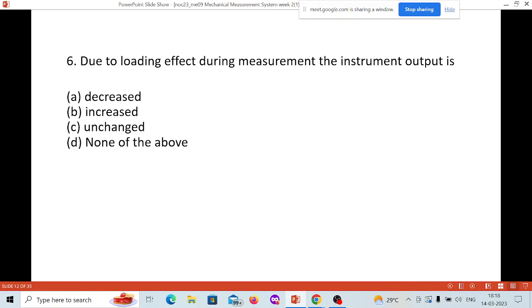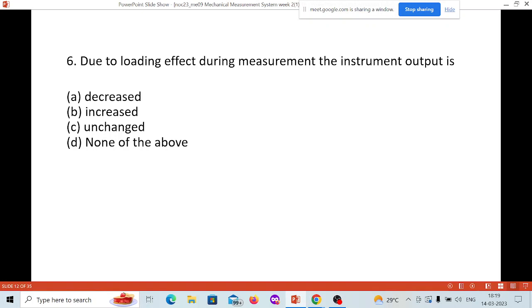For example, if you want to measure the temperature of a fluid in a beaker at a certain temperature T, and you take a normal thermometer that itself has a certain mass, and you dip it in the fluid, it takes some amount of heat to heat itself.